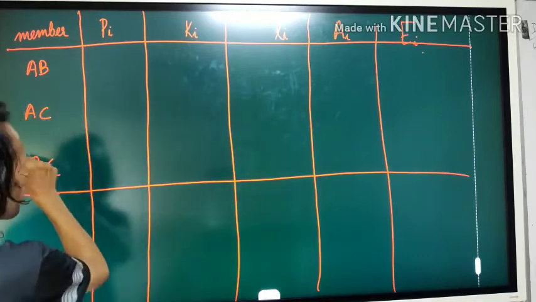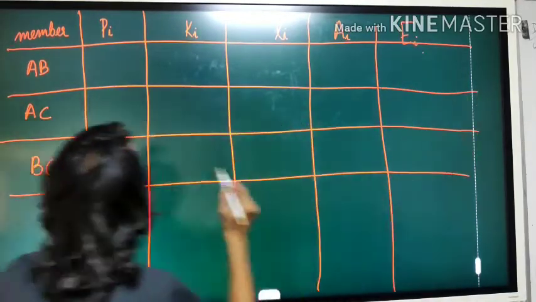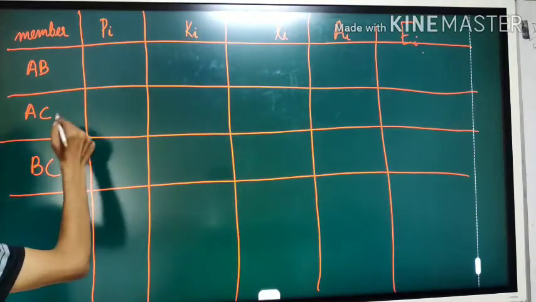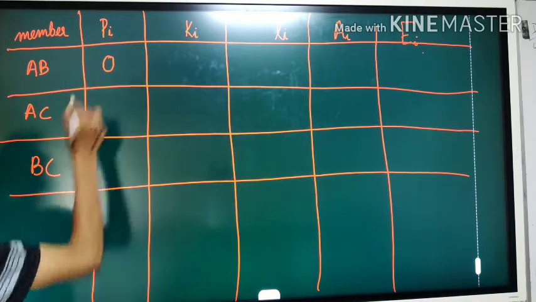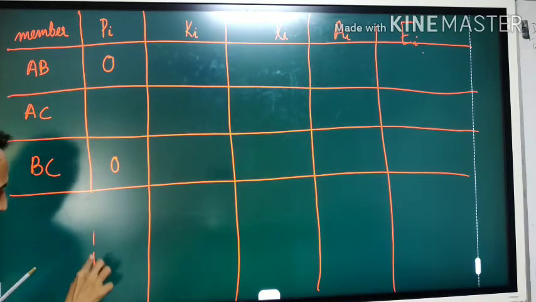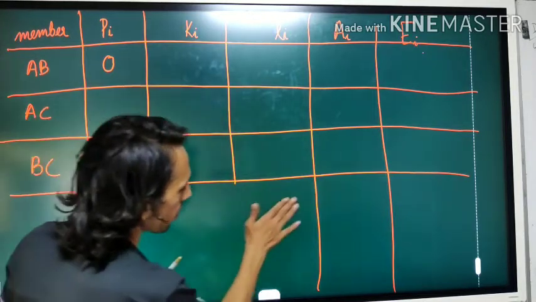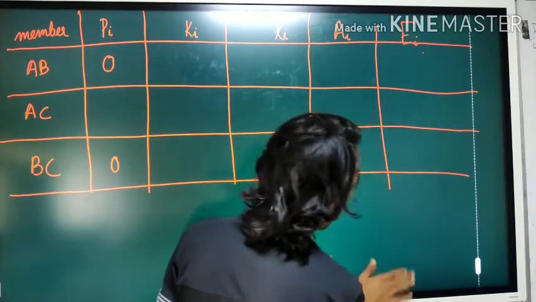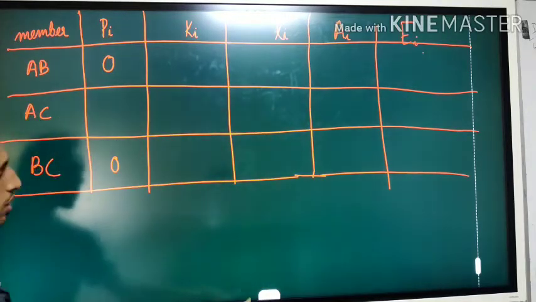Out of these three members, AB was 0. This BC also came out to be 0. Okay. And what was the value of AC?